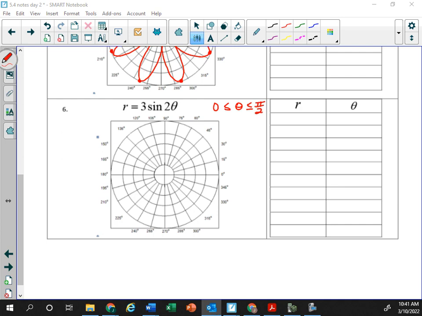All right, guys, let me graph the whole thing, and then let's figure out what 0 to pi over 2 would look like. So I know 3 sine of 2 theta. We're going to have 4 petals total. And are we okay with they'd be at the pi over 4s? So 1, 2, 3.